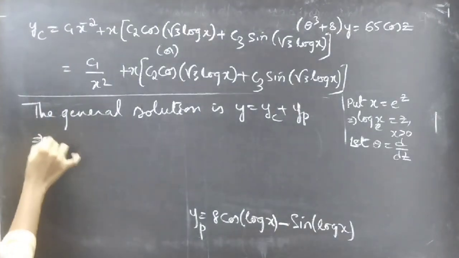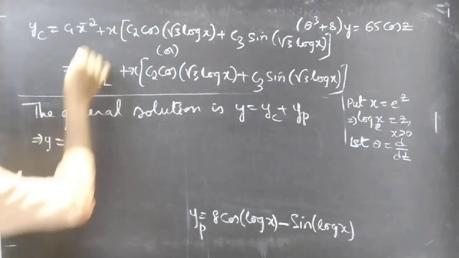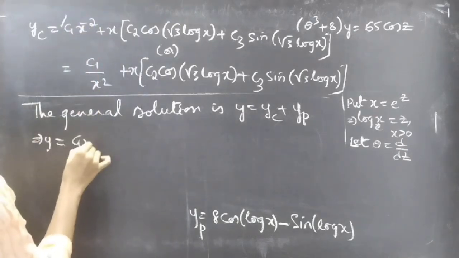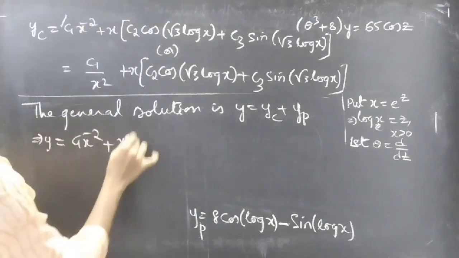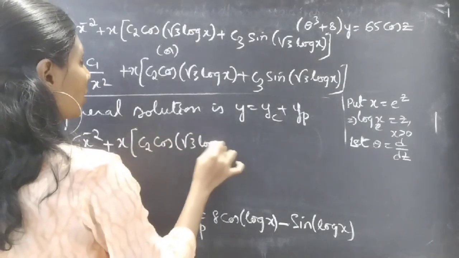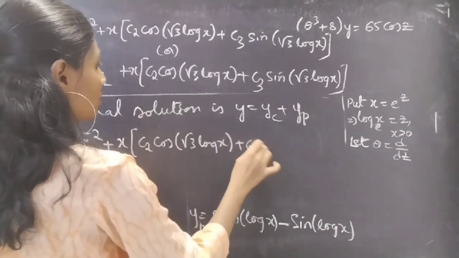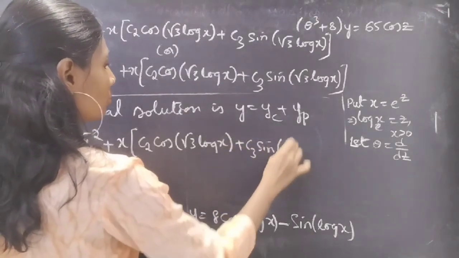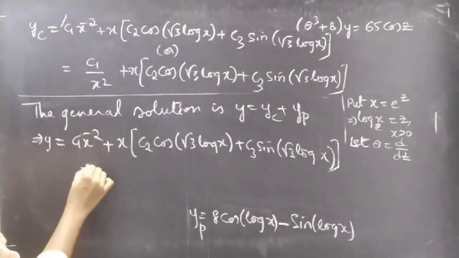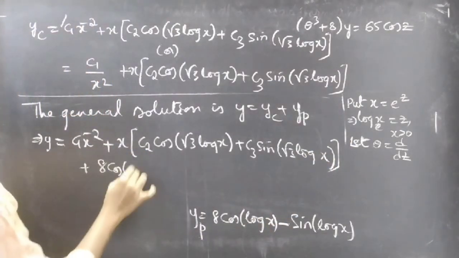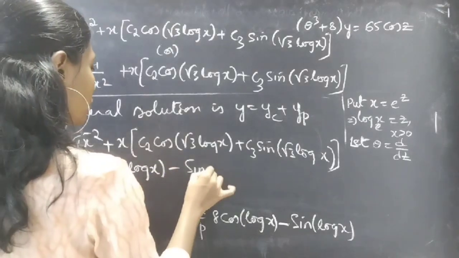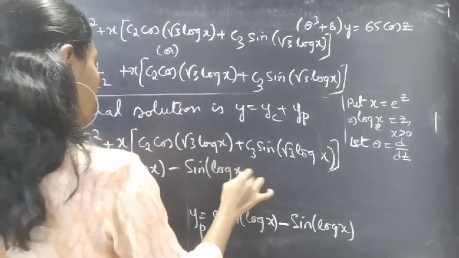Then y equals yc. We have two yc's, right? First we write for the first one: c1 x power minus 2 plus x times c2 cos of root 3 log x plus c3 sine of root 3 log x, plus yp, which is 8 cos of log x minus sine of log x.